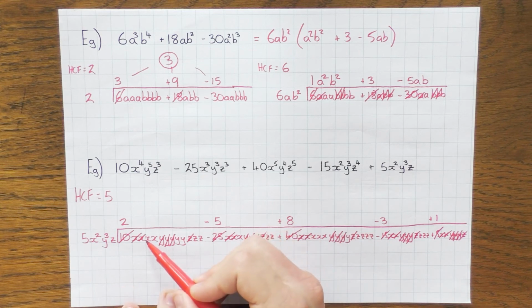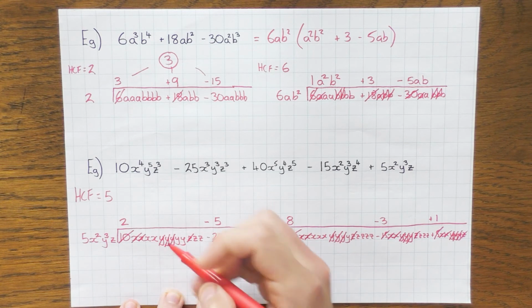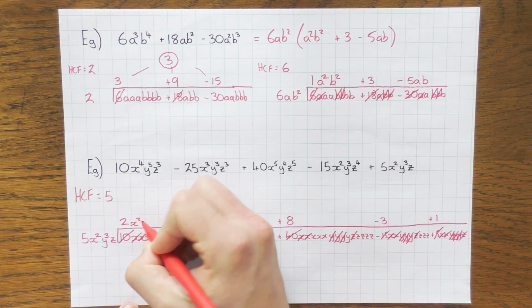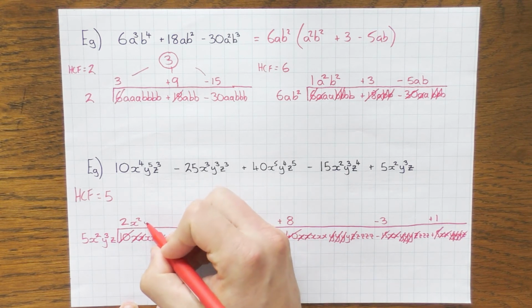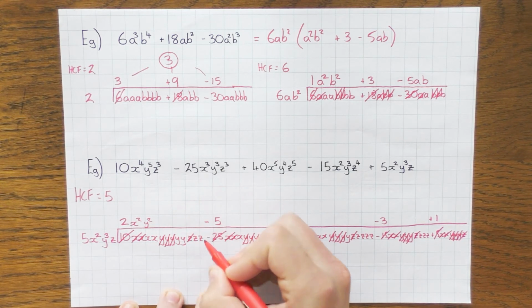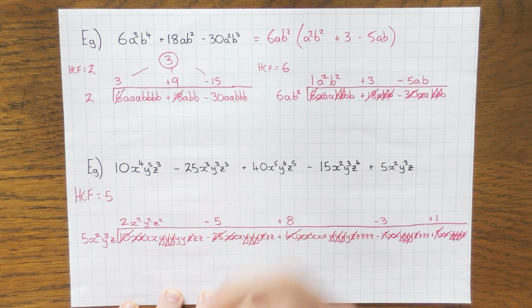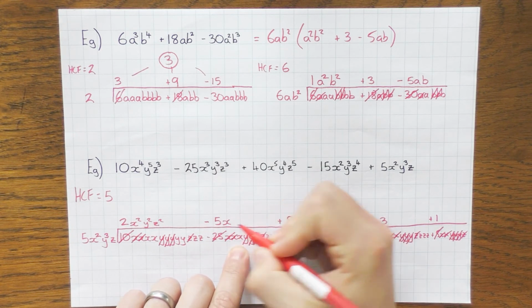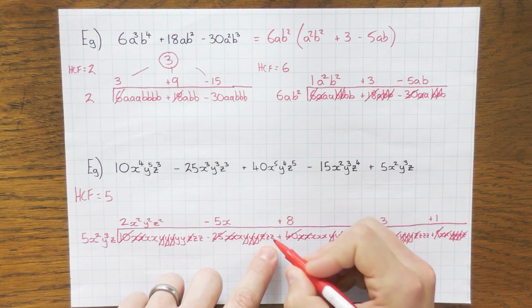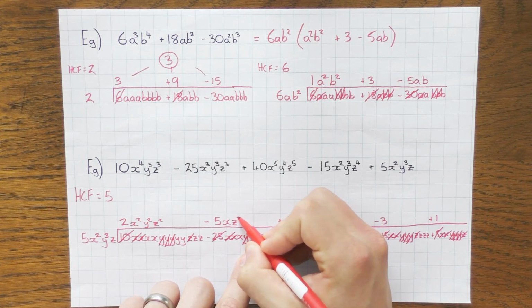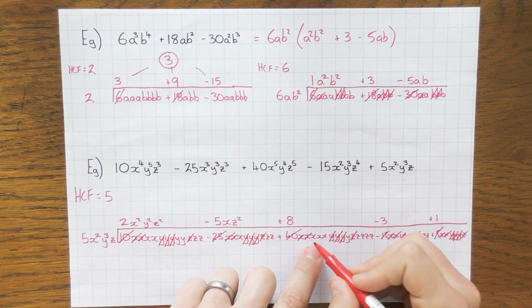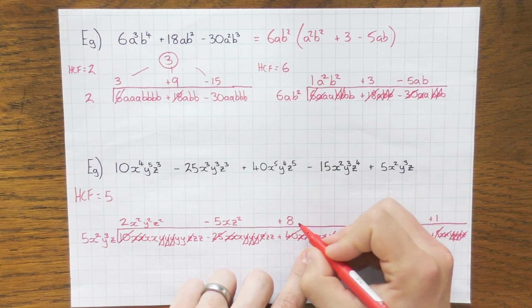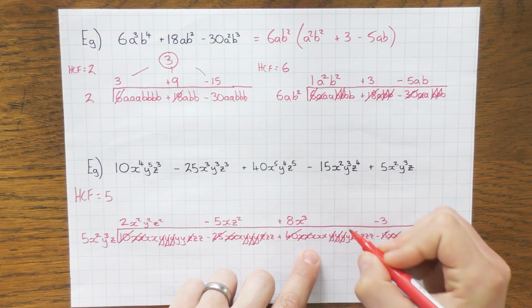So let's have a look at what's left. I've got 2 x's here. X times x is x squared. I've got y times y, so that's y squared. And z times z, so that's z squared. So that's the first bit done. I've just got 1x left here, no y's, and I've got z times z, so that's z squared. X times x times x, so that's x cubed, that's left there.